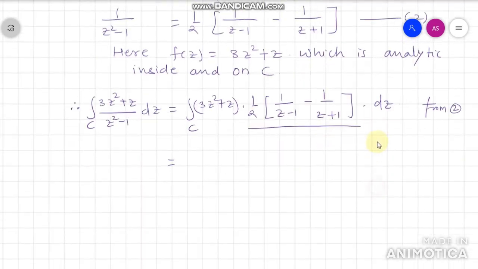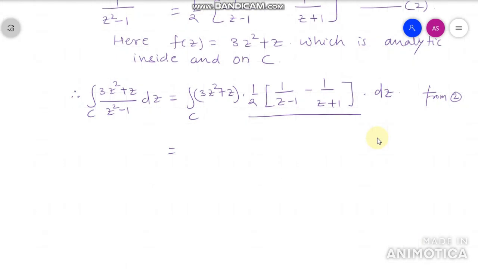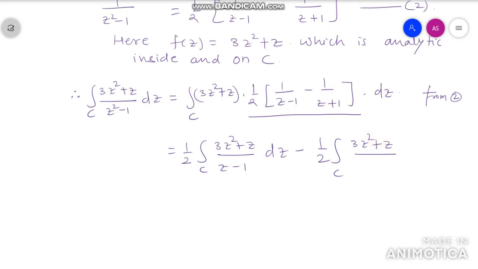So from 2 we have like this: 1 upon 2 integral over c of 3z square plus z divided by z minus 1 dz, minus 1 upon 2 integral over c of 3z square plus z divided by z plus 1 dz. So our integral is converted into a subtraction of two integrals, which we are going to find.